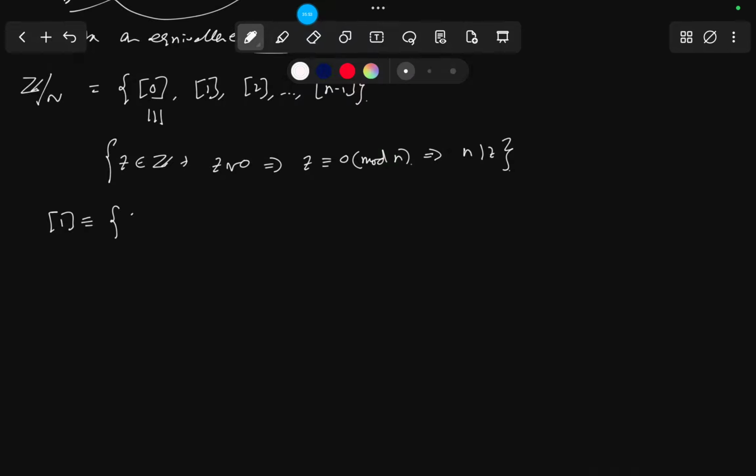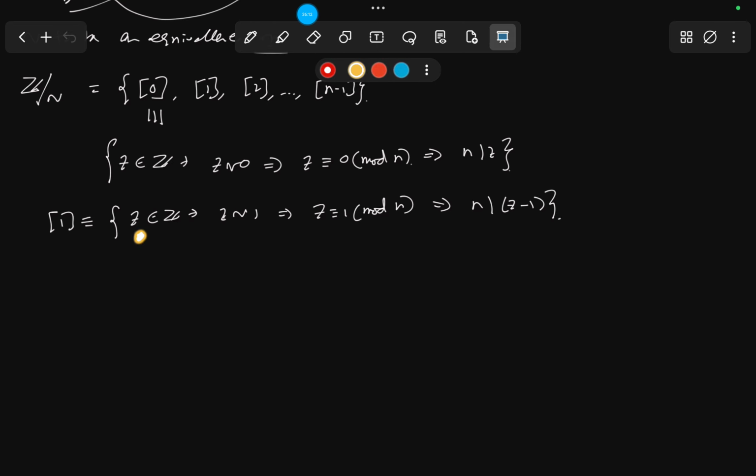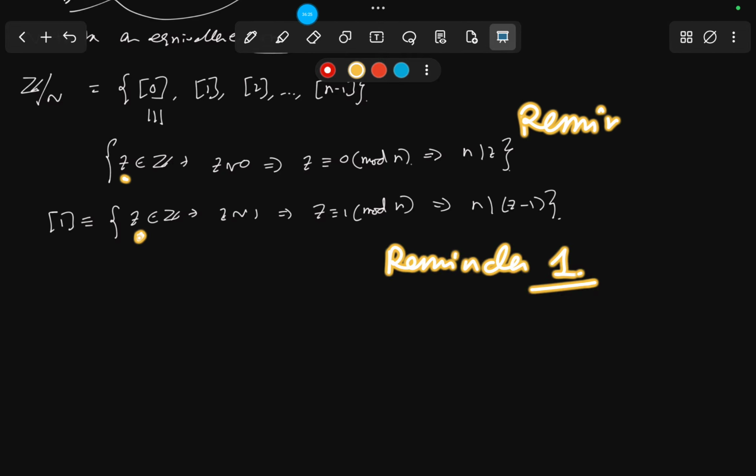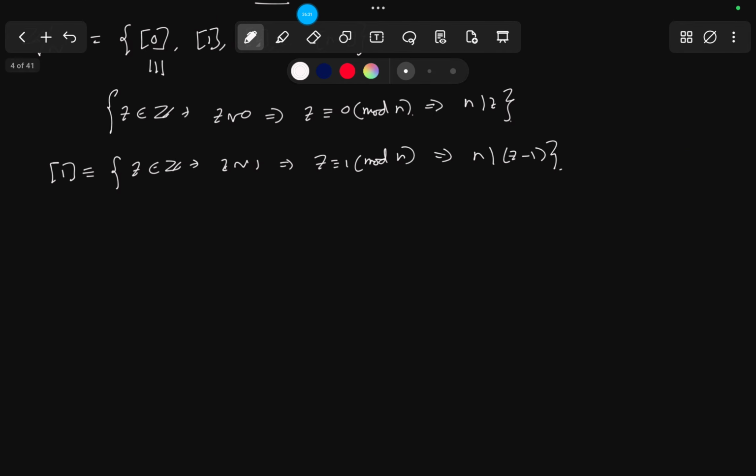This stands for the set of all small z in capital Z such that z is related to 1, which means z is congruent to 1 mod n, meaning n divides z minus 1. So that means if you divide z with n, your remainder will be 1. For the previous case, if you divide z with n, your remainder should be 0, right? Similarly, what is your 2 bar?